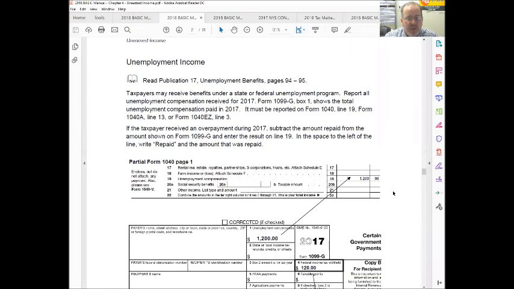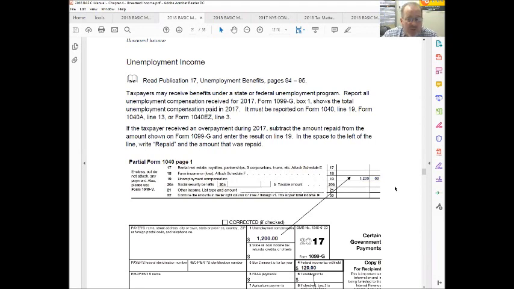Unemployment income, yes, it is taxable income, but it is unearned income, okay? A lot of times people will come to me and they might be a little lower on income from the previous year, making $15,000 or whatever, and they have an earned income credit that we're going to talk about in the next chapter, and they had a nice big refund.